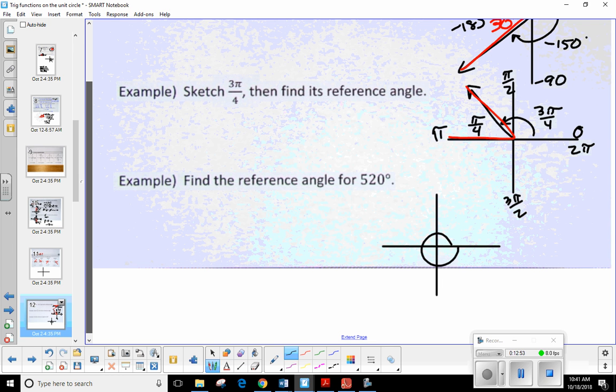That is going to put me in the second quadrant, close to the x-axis right there. So I'm looking for this angle. If I had to go an additional 160 degrees, what's my reference angle? It's got to be 20. That's all there is to it.